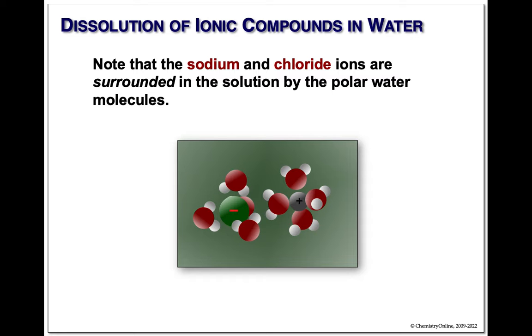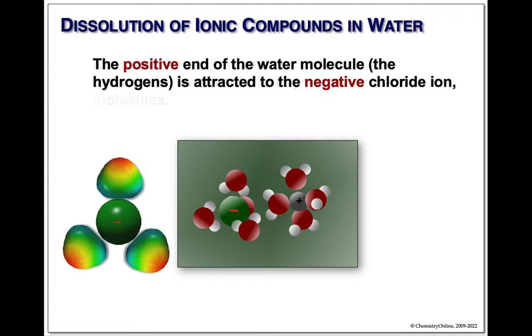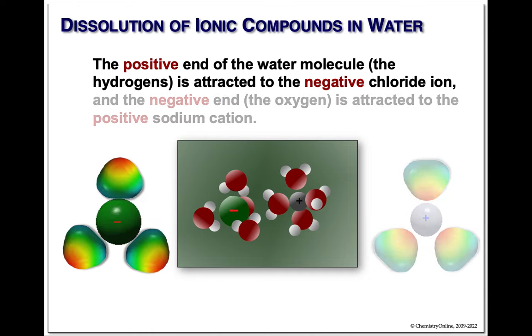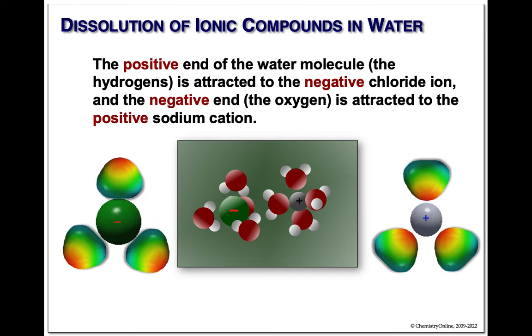That's because this is the positive end of the molecule. Here's the negative charge, here's the positive end of the molecule. For the sodium cation, the negative end of the molecule is pointing towards the charge. Here's the negative, this is our positive.